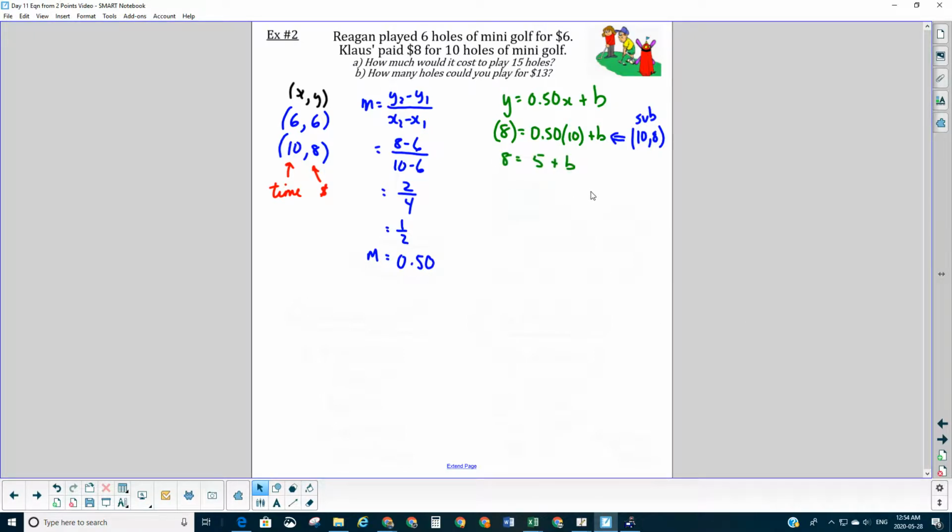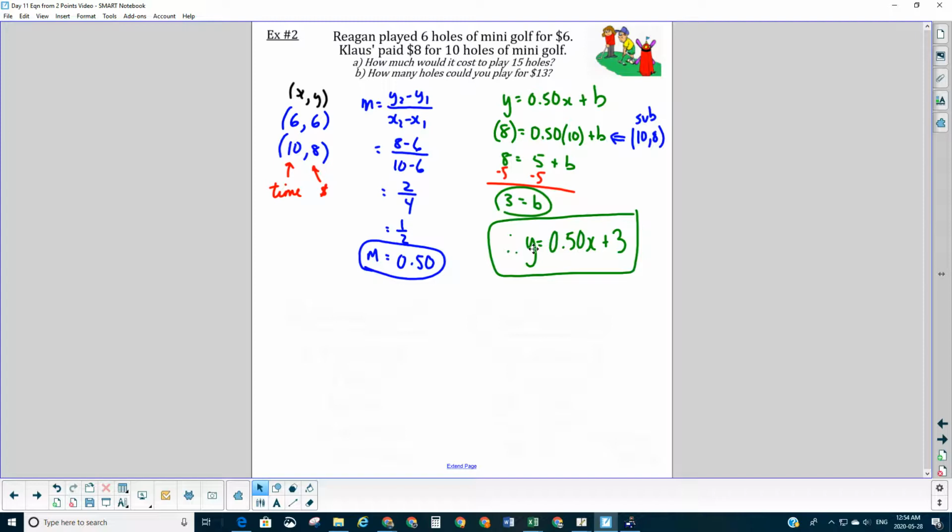Okay, so $5 for 10 holes. But he paid $8 to get in. That means that if we subtract 5 from both sides, it must have cost $3 just to get in. And then 50 cents for every hole that you play. But the math suggests that I've got an m now and a b, so I can put that into y equals mx plus b and get my equation as y equals 0.5x plus 3.